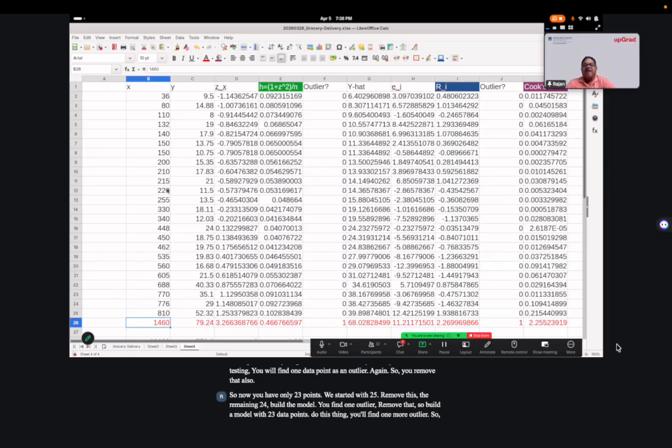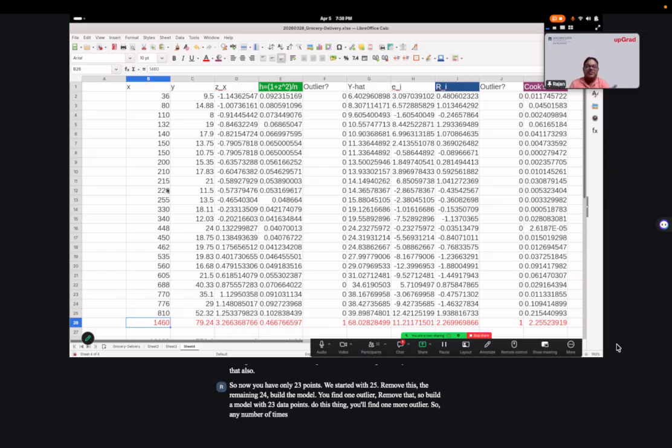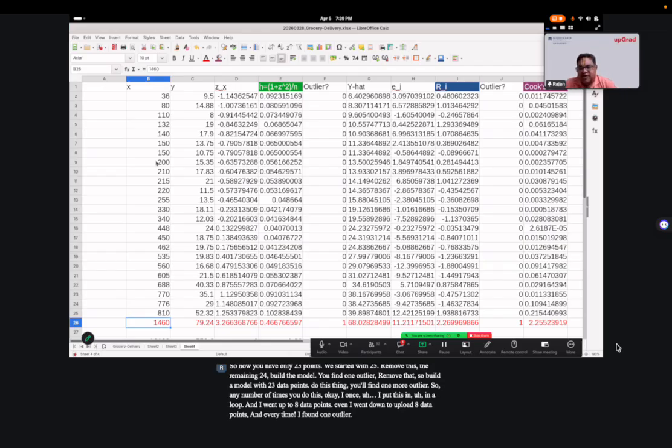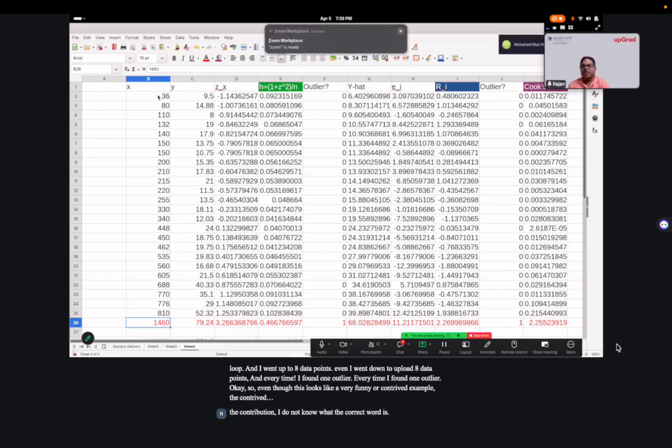Any number of times you do this, once I put this in a loop and I went down to 8 data points, and every time I found one outlier. Even though this looks like a very contrived example, it is remarkable that this kind of outcome comes out.